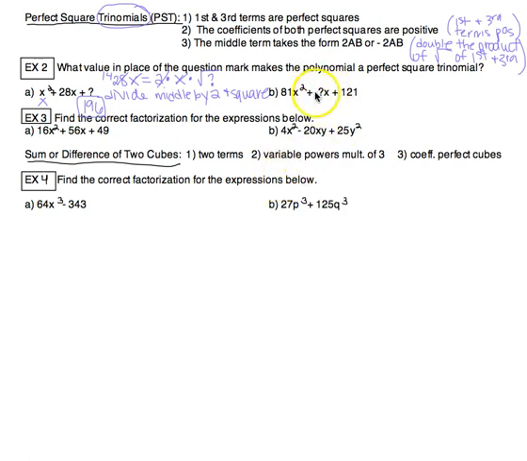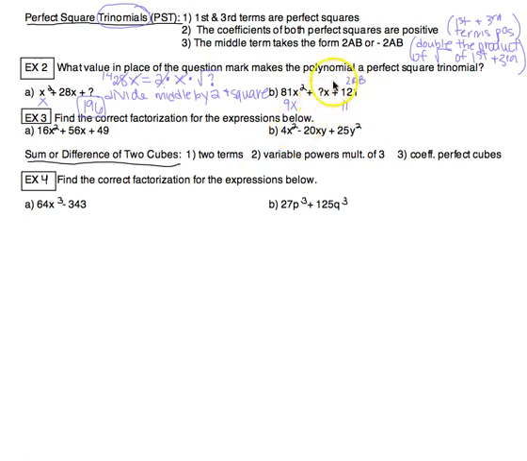Now, if the question mark's in the middle, we have to use a little bit different process because now I'm trying to find that 2ab. So a is going to be the square root of the front. The square root of 81 is 9. The square root of x squared is x. The square root of the back term, 121, is 11.